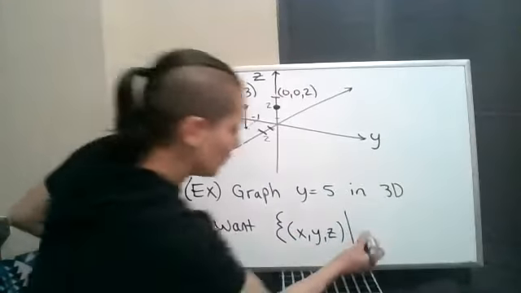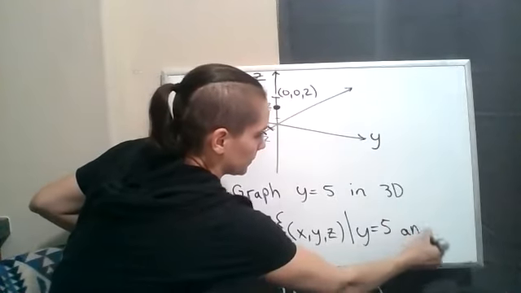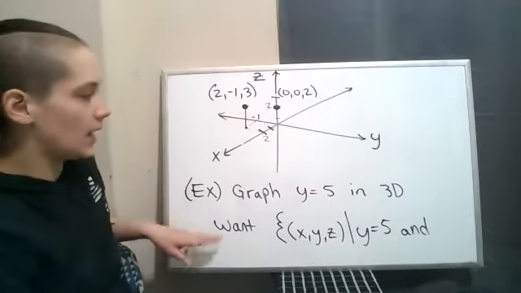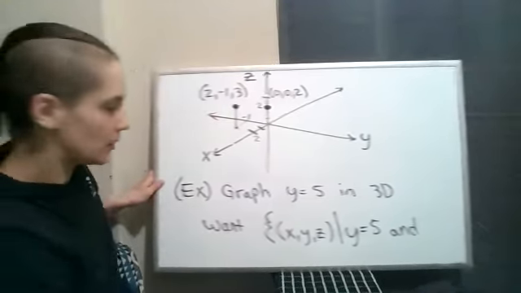So y is 5. X and z exist in the real numbers.